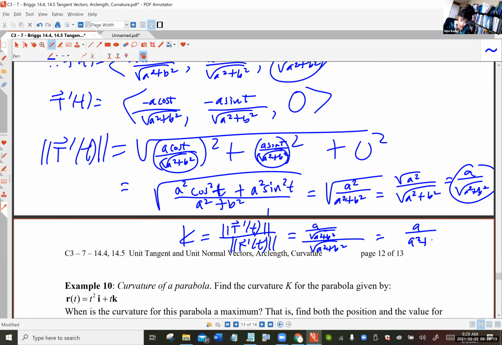And that is a constant. So in this case, not always, you again have a constant curvature for helix curves. That's kind of neat. And yeah, I know a lot of this is very formulaic and tedious. And I'm sorry.